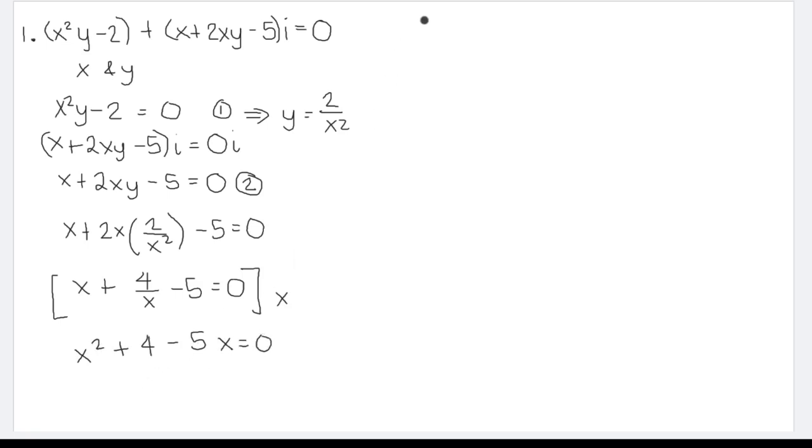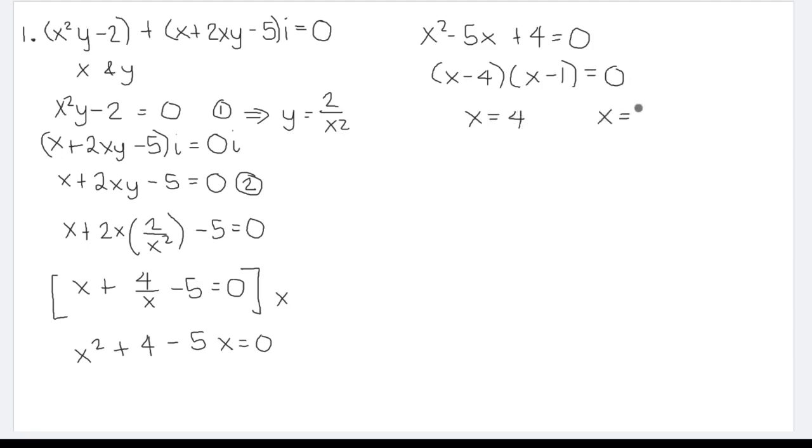So simplify the equation, that is x squared minus 5x plus 4 is equivalent to 0. Then we factor this equation, that is (x minus 4)(x minus 1) is equivalent to 0. Therefore, our value of x is equivalent to 4 and 1.